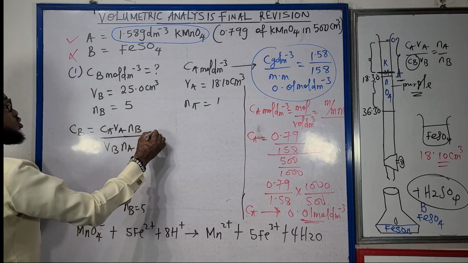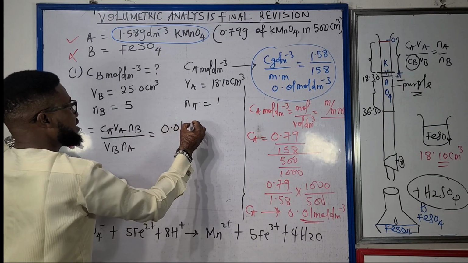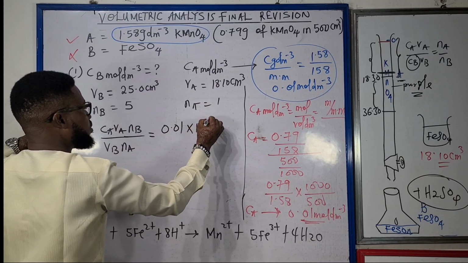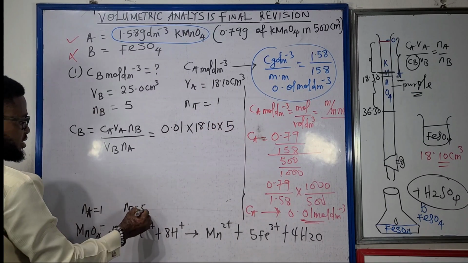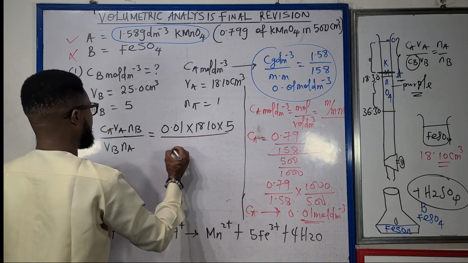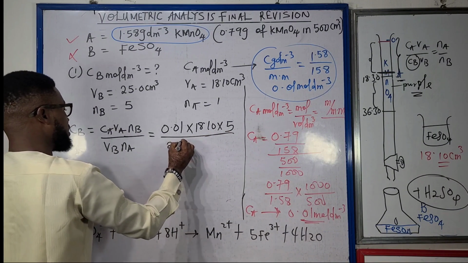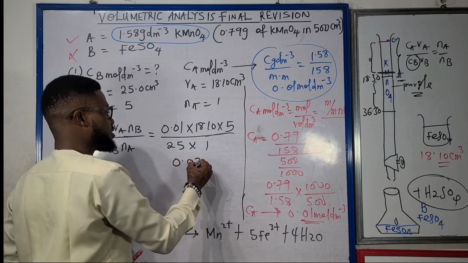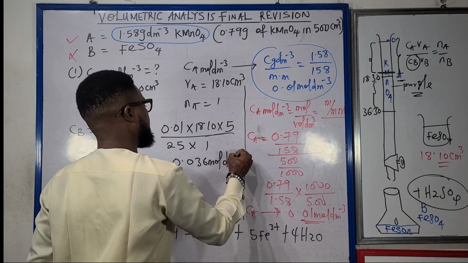So my Cb: Ca is 0.01, times Va, the average volume of acid used, 18.10, times Nb, the number of moles of base, which is 5, all divided by the volume of base, that's the volume of the pipette, 25, times 1. We are going to get 0.036 mol/dm³.